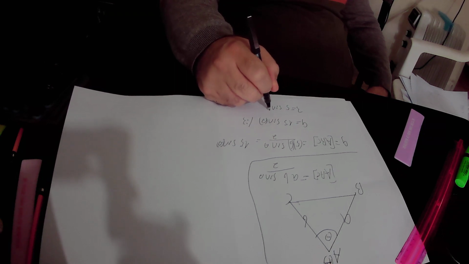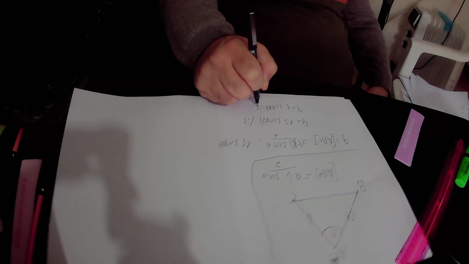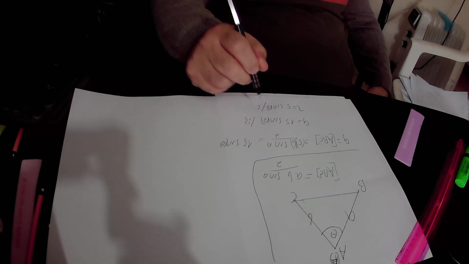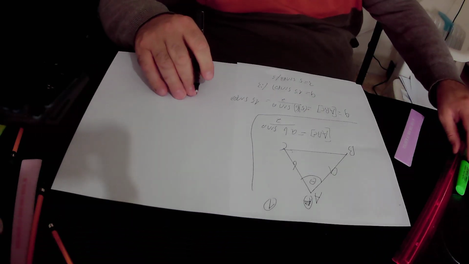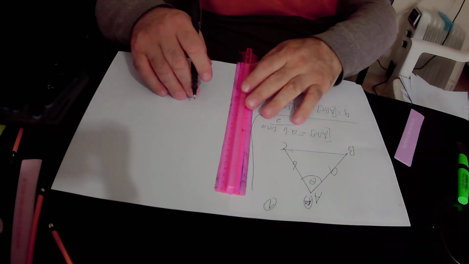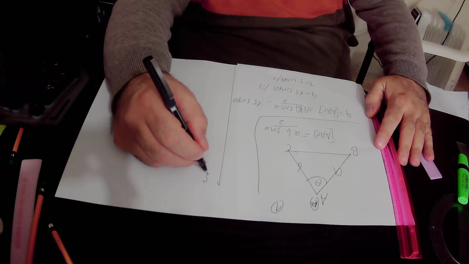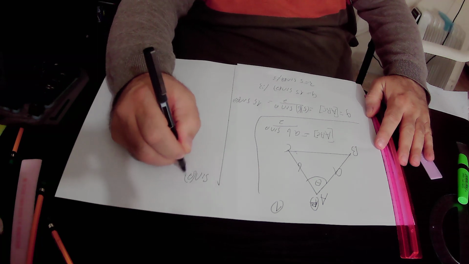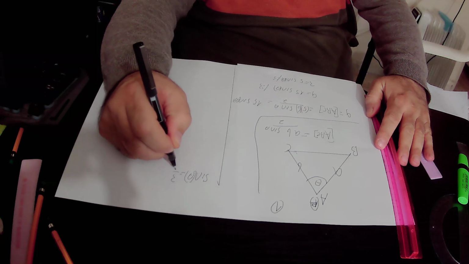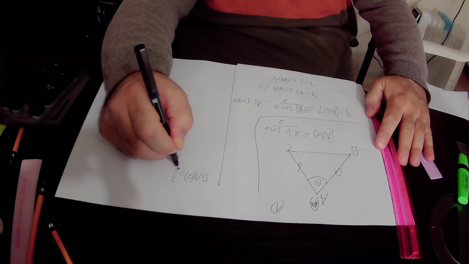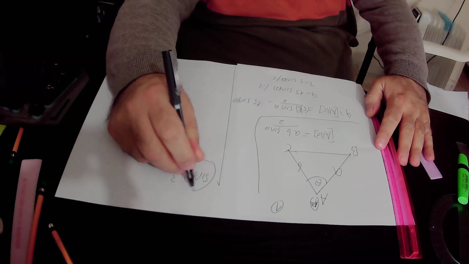Here we'll divide this equation by 5, and we'll get that sinus theta equals 3 over 5.